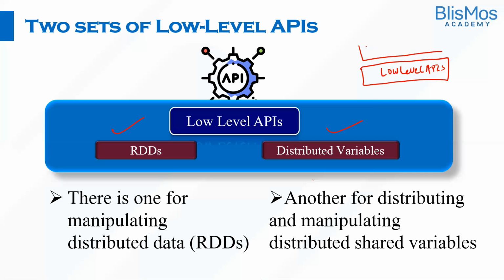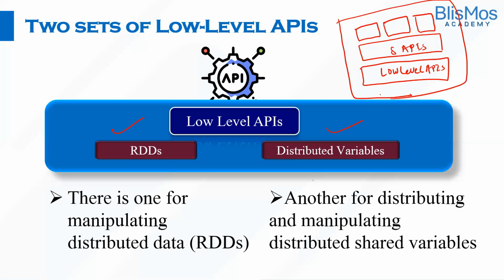On top of that, we have structured APIs, and on top of that, we have streaming, advanced analytics, and libraries and ecosystem. This is the diagram for components of Spark. We have already seen that multiple times. That is the reason I'm just drawing that for you now. Low level APIs come as a part of the components of Spark. Within that, we have RDDs, we have distributed variables.